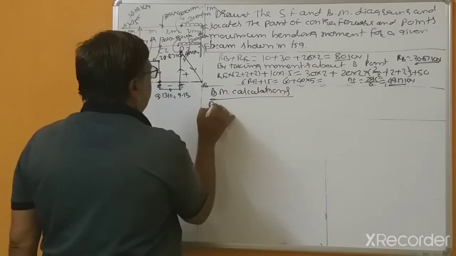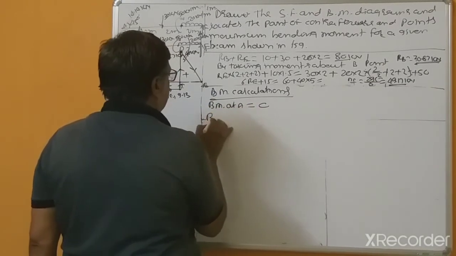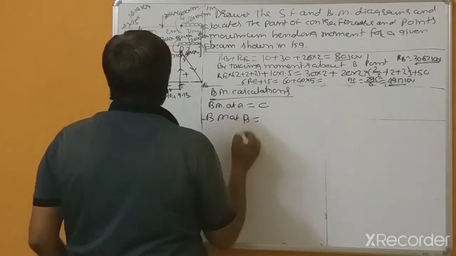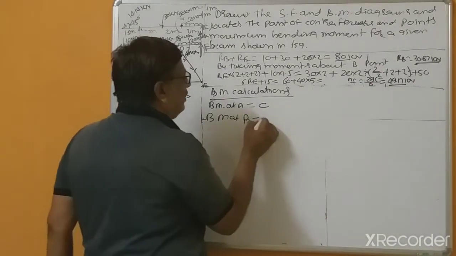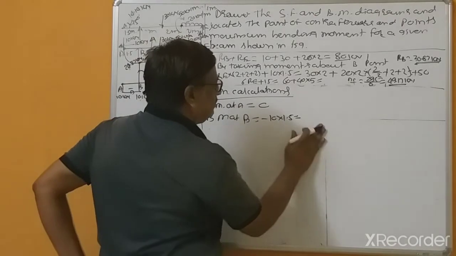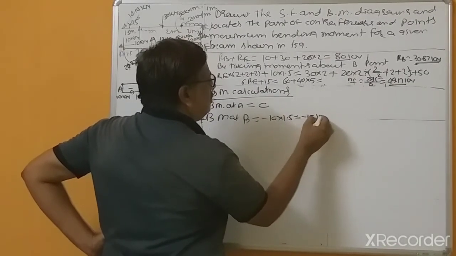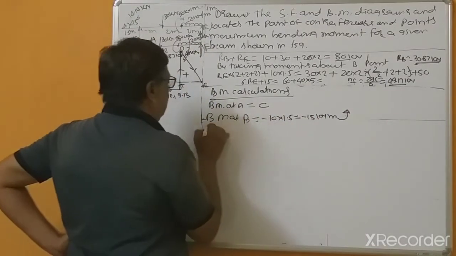Bending moment at A point equal to 0. Bending moment at B point. Now anti-clockwise, 10 multiplied by distance, minus 10 into 1.5, this is equal to minus 15 kilonewton meter, direction anti-clockwise.